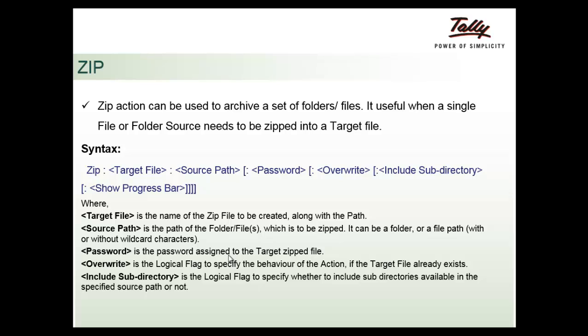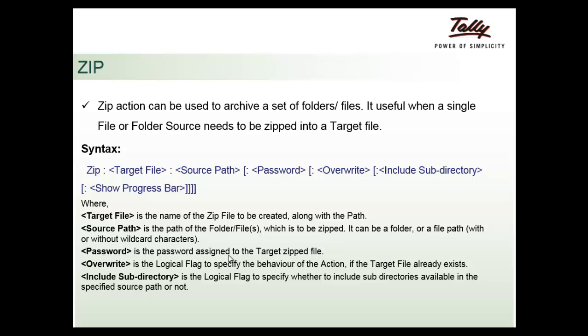Then include subdirectory. By default, irrespective of this include subdirectory logical flag, if your source path is ending with a folder, then all the files and subfolders in that folder will be zipped into the zip file. But if your source path ends with a file path with a wildcard character, for example star.txt, that means in that folder only those text files will be zipped, and at that time include subdirectory will be considered.